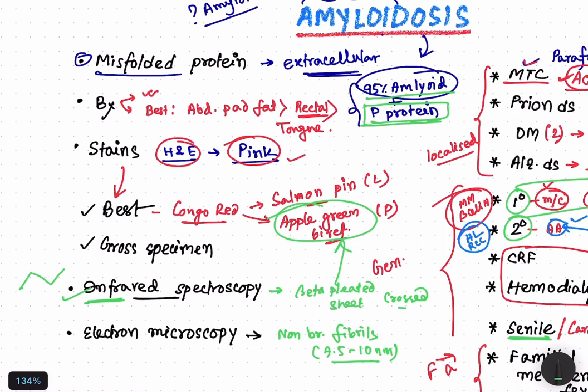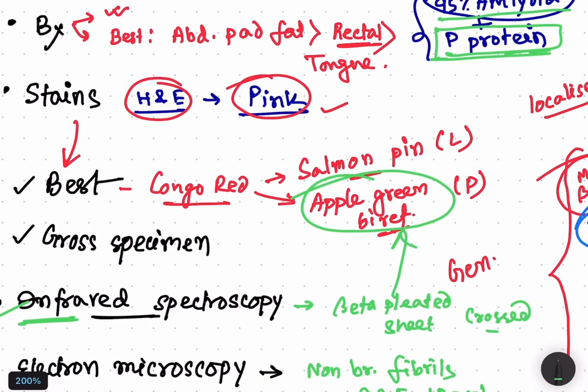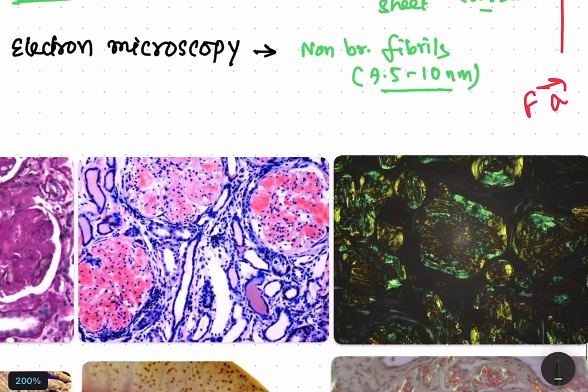But before I go for biopsy, I can put some stain on the gross specimen, and this is known as Lugol's iodine. Don't worry, I'll be showing each and every image. Now once I put Lugol's iodine on the gross specimen, what will happen? See the image.